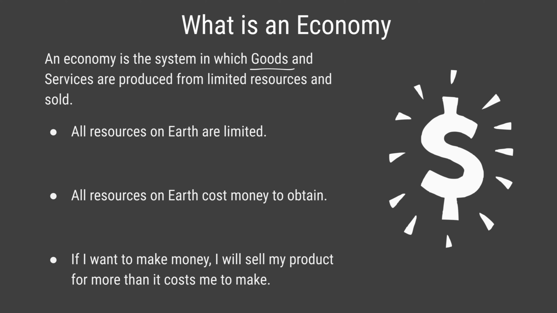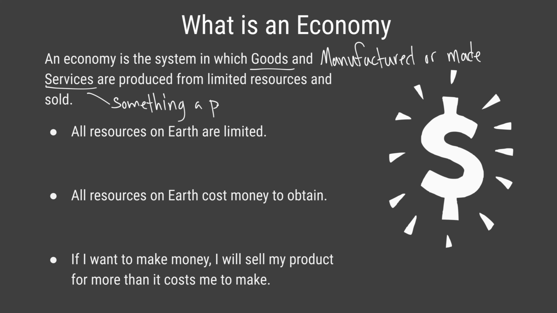A good is anything that is manufactured or made. So this could be like a computer that you're viewing this video on right now, or a phone, or a desk, or a pencil, right? A good is anything that could be manufactured or made, and a service is something a person provides for you.